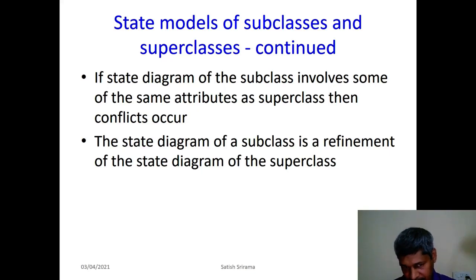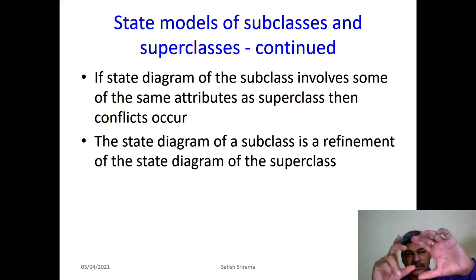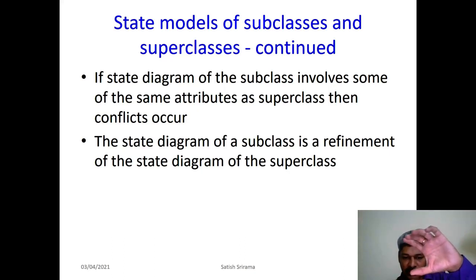This is a little bit tricky. The state diagram should generally be inherited by the subclass, but if such a conflict occurs, because you are changing the same attributes, the best solution is for the state diagram of the subclass to be a complete refinement of the state diagram of the superclass.